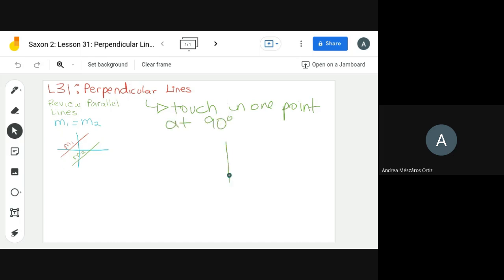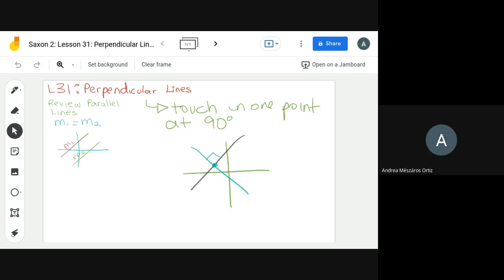Okay, so they look like this. This is our coordinate plane, and we probably have a line here, and then there's a perpendicular line that touches in one point here, and they form 90-degree angles.